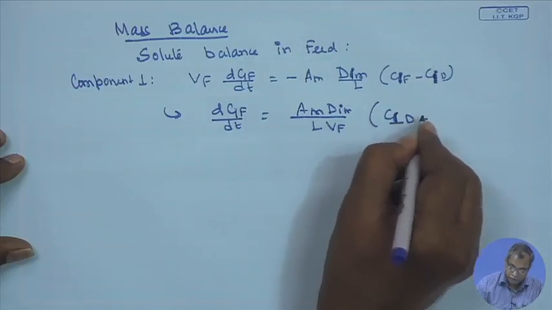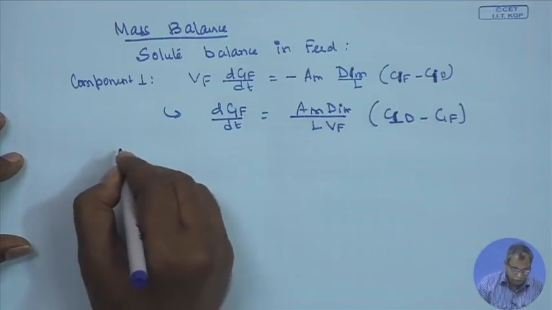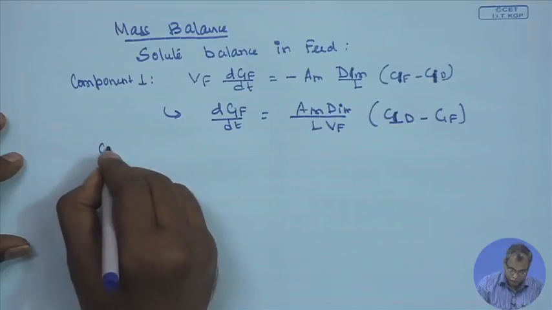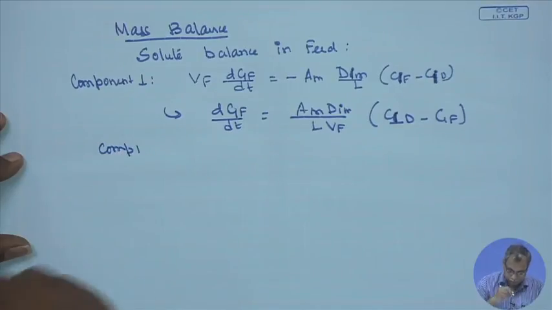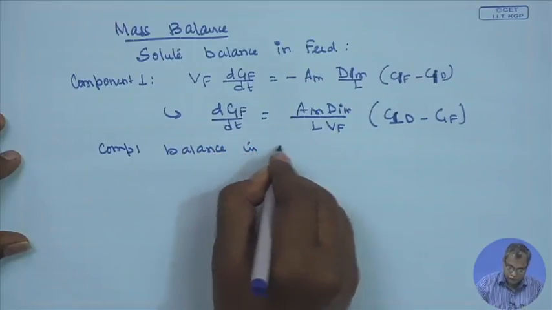times (C1 d minus C1 f). Now we write down the solute balance, that is the component 1 balance, in the dialysate side.